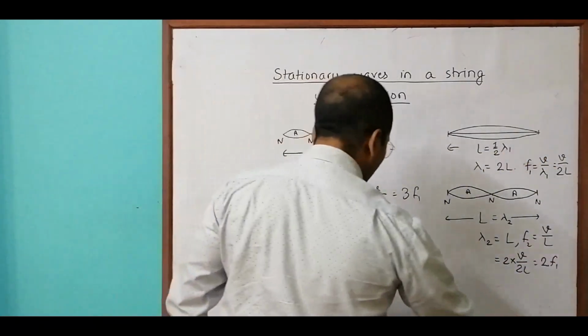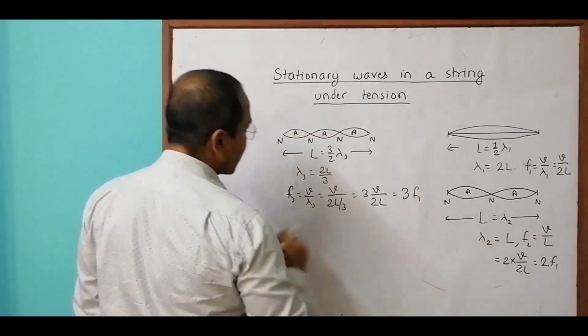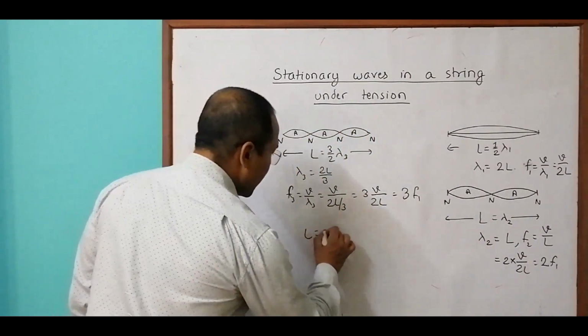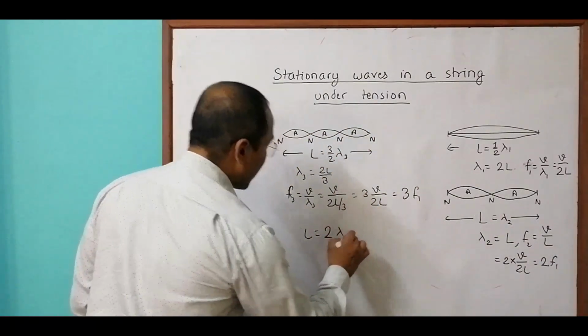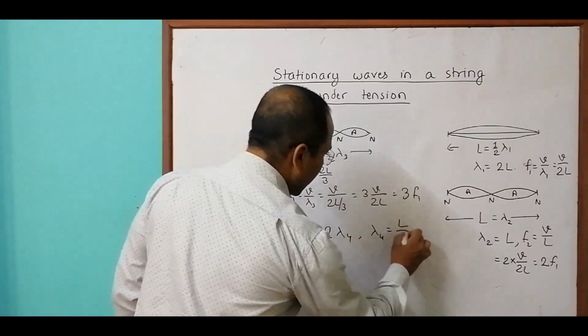So now I'll have 4 antinodes and 5 nodes, which means in this length there will be 2 wavelengths, 2 lambda 4. So lambda 4 is equal to L by 2.